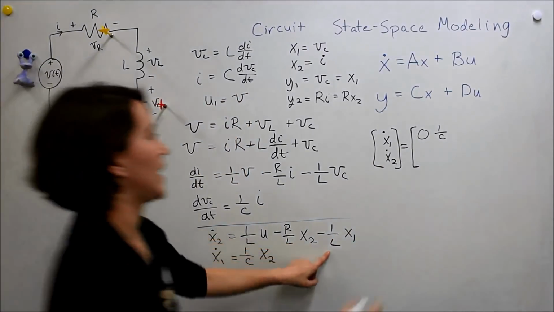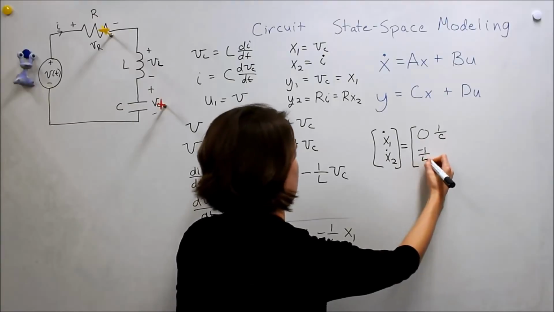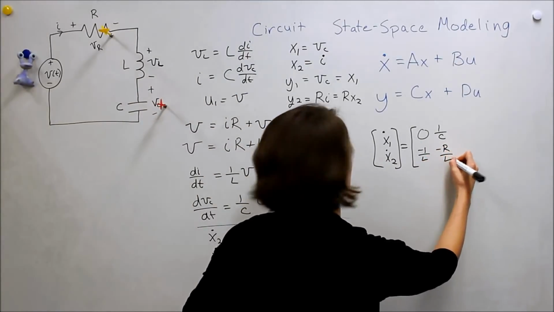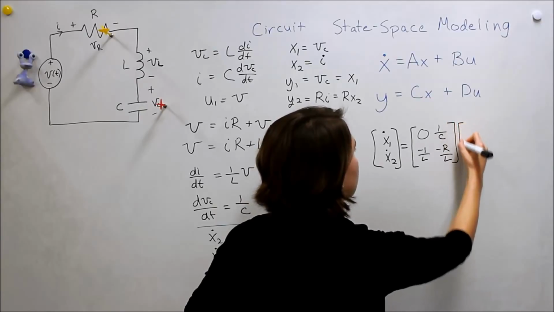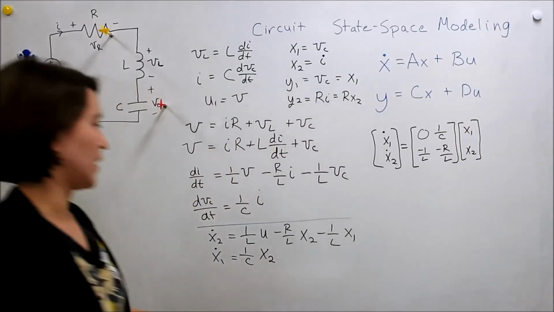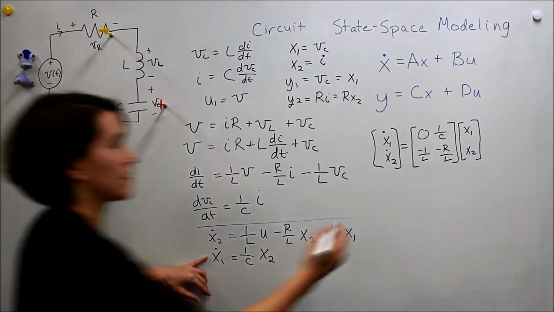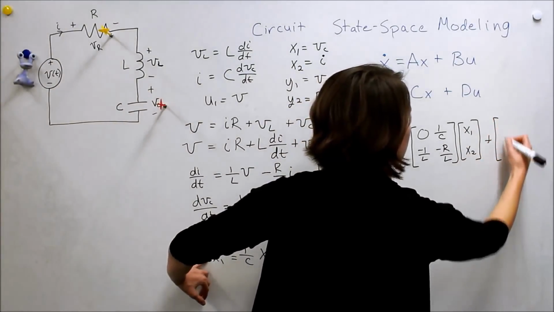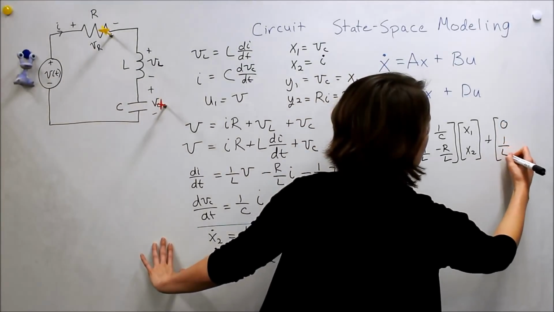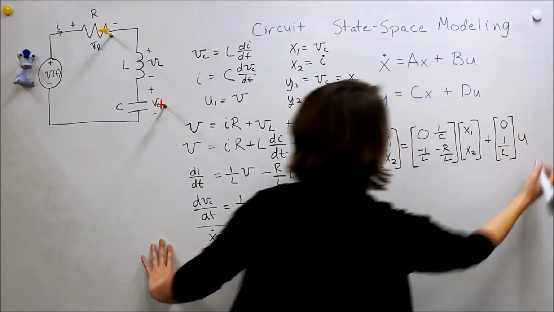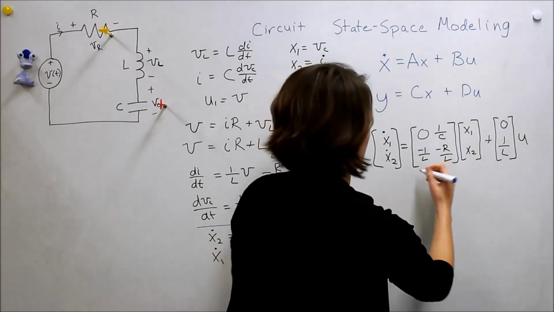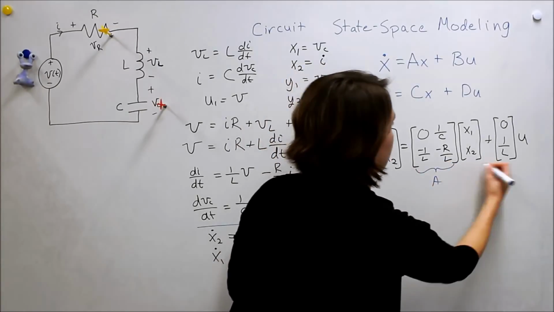So we're going to have a negative 1 over L, and then a negative R over L, times our states x1 and x2 here. And now we have to look at inputs. x1 does not depend on U. Put a 0 here. Next to it we have 1 over L times U. Great, so again, here's our A, and here's our B.